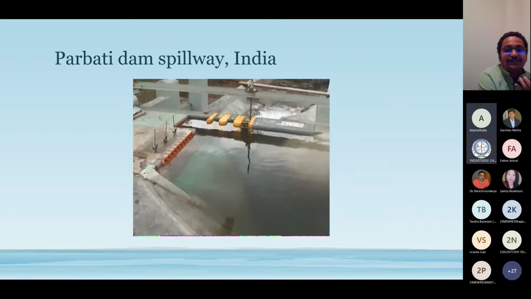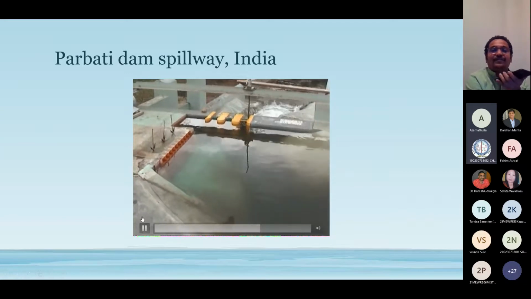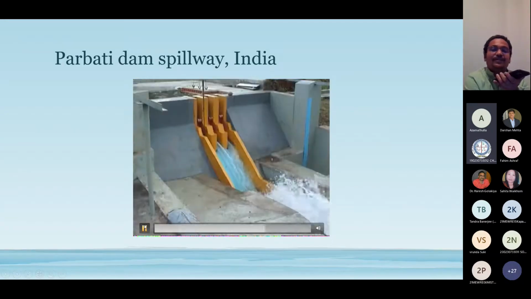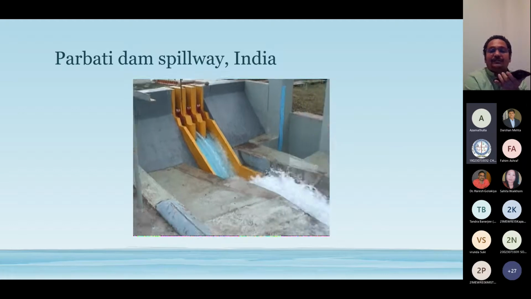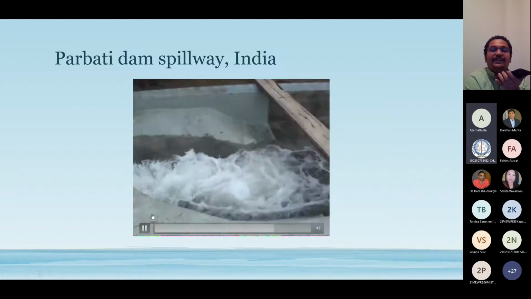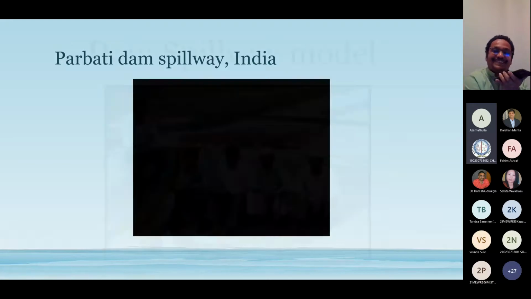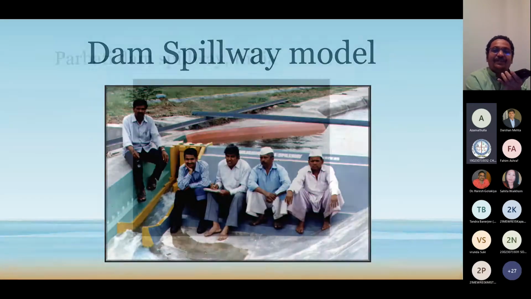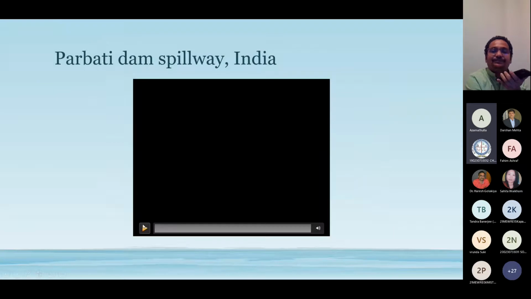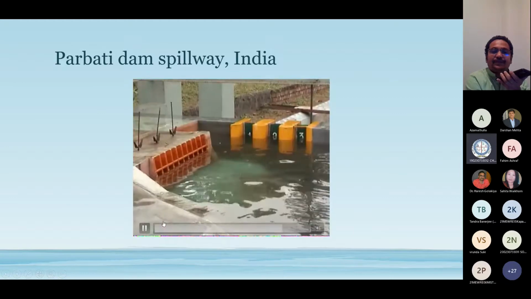You can see here the power intake. So whenever you want to operate reservoirs, especially for power generation, you have to have full reservoir level. Here you can see the jet directly hitting the right bank. Even in the model you can see the thickness of the jet and velocity. And this is another spillway model. Okay.